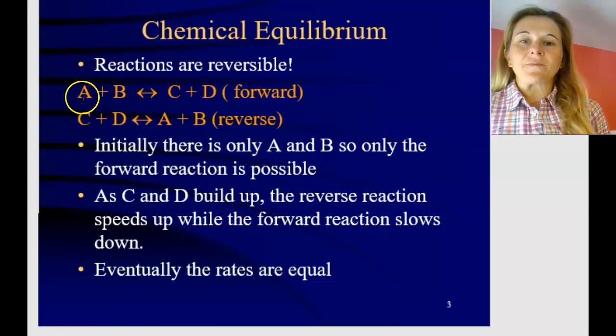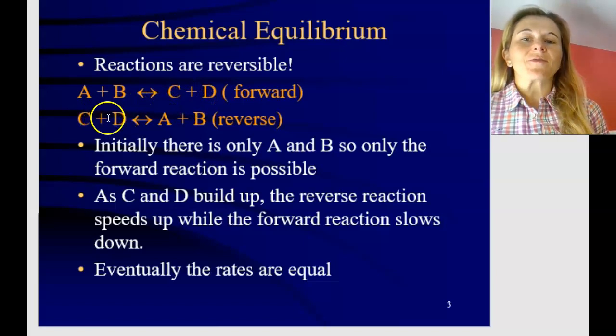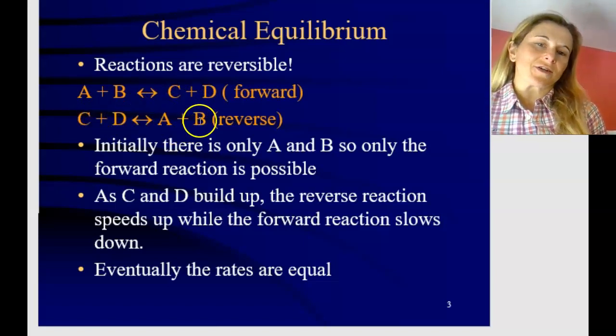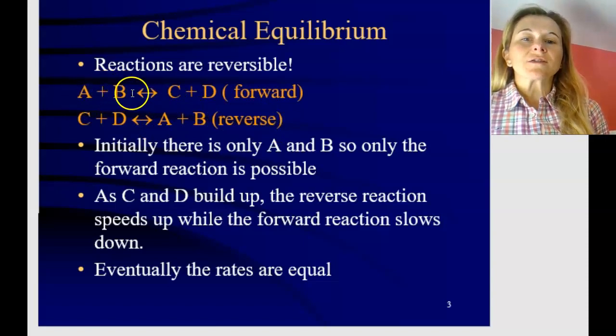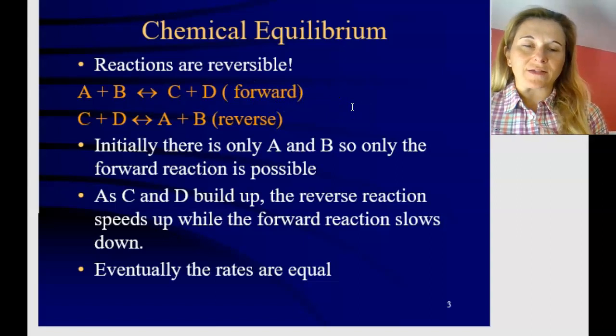And here we see just very simply a forward reaction. Here we have our reactants going to products, and we're showing the reverse of that would be our products turning into reactants and our reactants turning into products. We remember this from Chem 1. So when we start our forward reaction, only A and B is present, right?